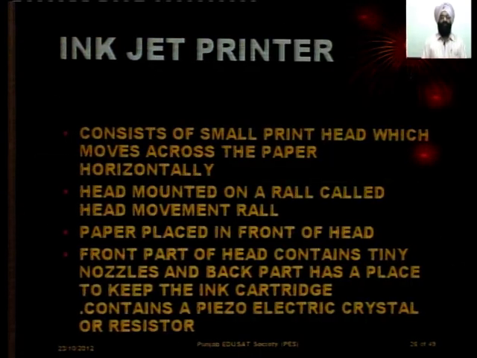The construction of an inkjet printer: it consists of a small print head which moves across the paper horizontally. The head is mounted on a roll called the head movement roll. With the support of this roll, the head moves across the paper horizontally.